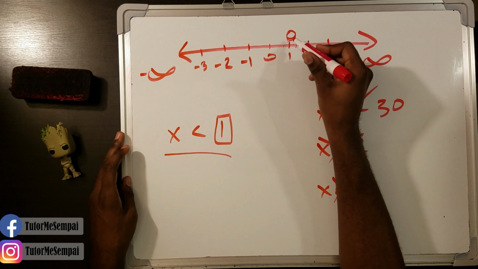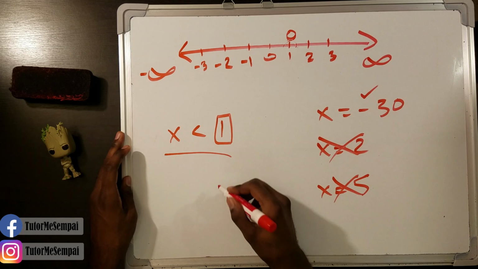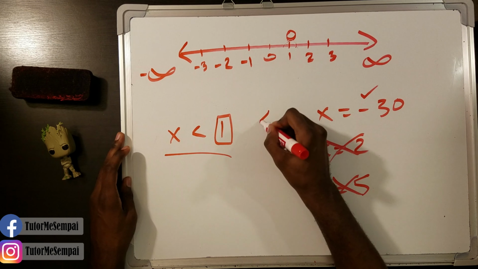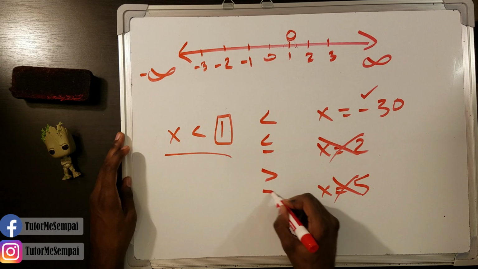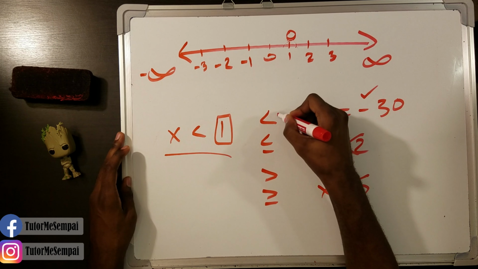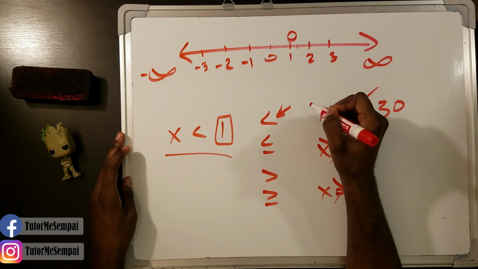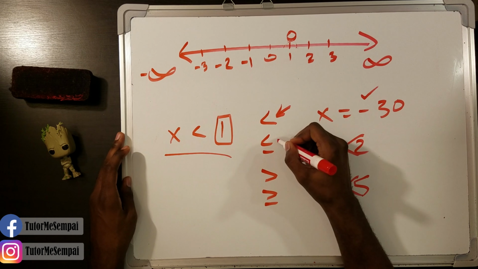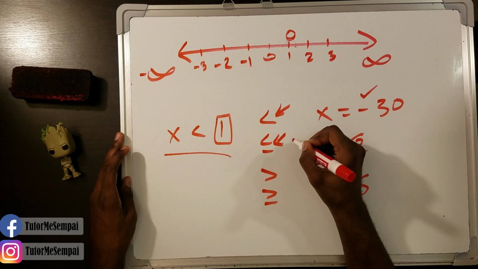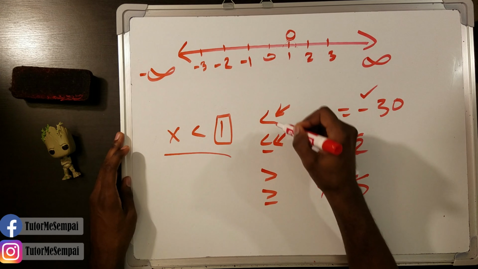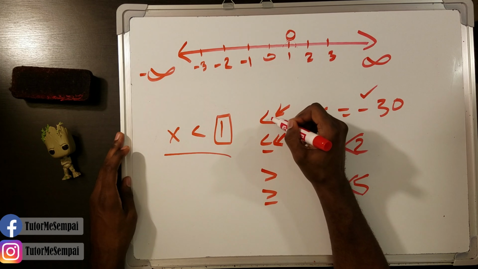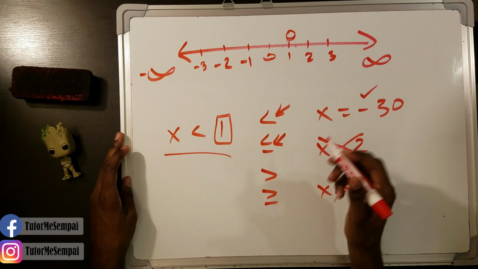Now you notice I haven't filled this in. That's because whenever you're dealing with inequalities, this is very different from this, and this is very different from this. This means strictly less than. This means less than or equal. So we can have an equal, right? Whatever you're less than here, you're not including, you are including here.